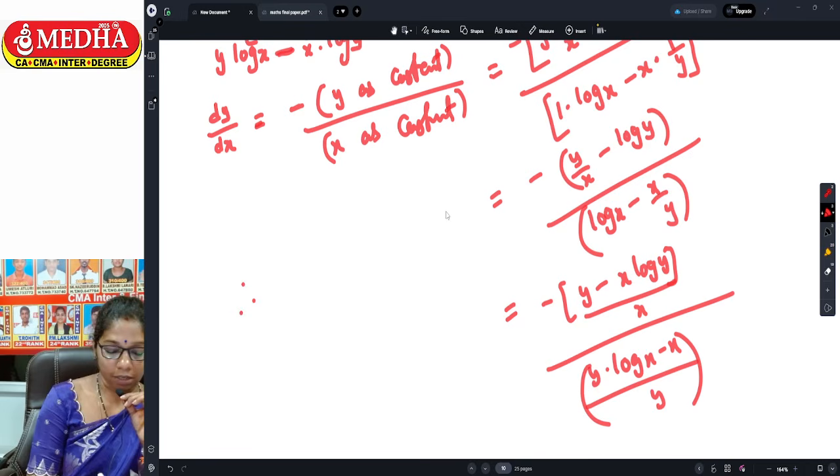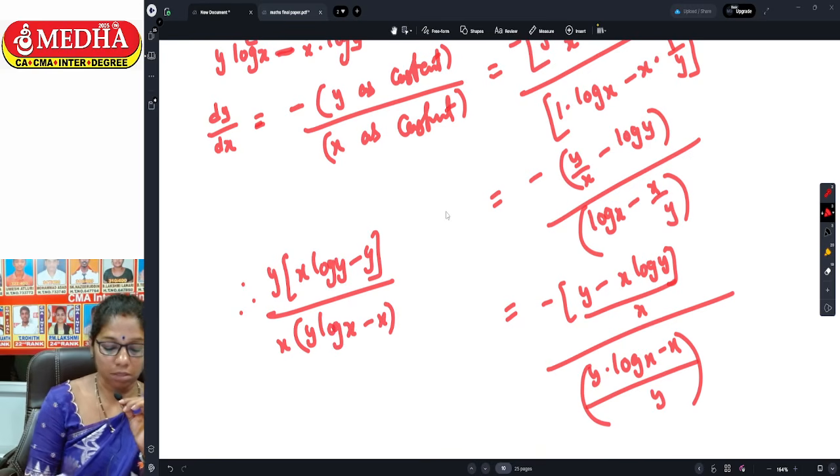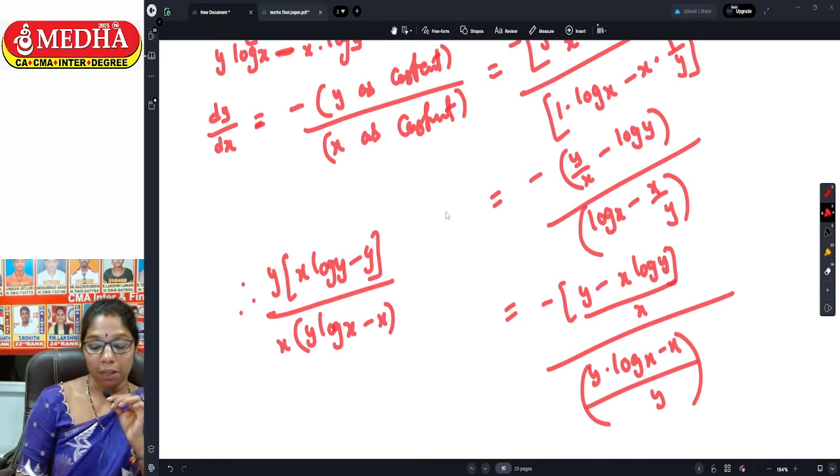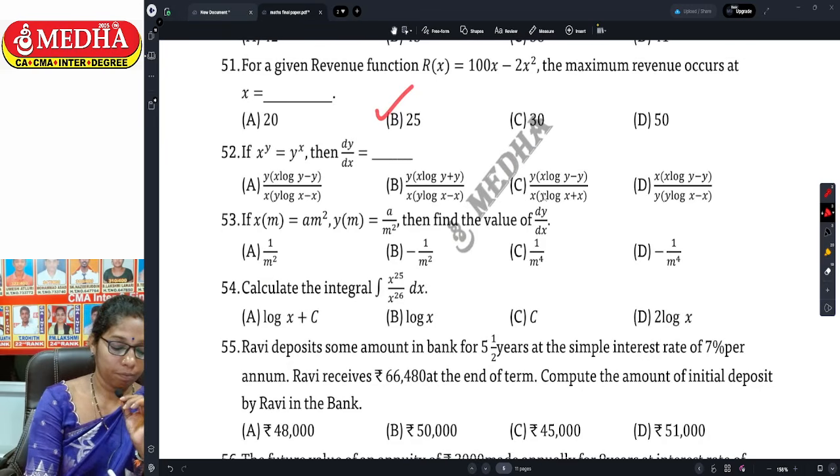So after the final simplification, y into x log y minus y by x into y log x minus x. This is the solution, and by multiplying with the minus and after the final simplification, y into x log y minus y by x into y log x minus x. This is option A.